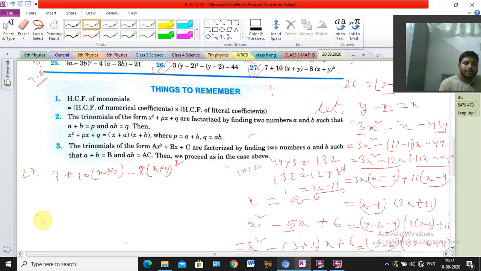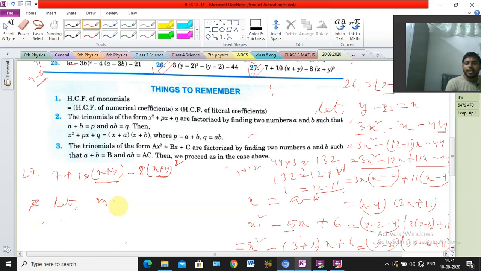So see, here x plus y is inside of the bracket. Okay, clear? So that's why here we can consider it, let x, no need of x, because x is already given in the question. So take any other variable, we can take m.